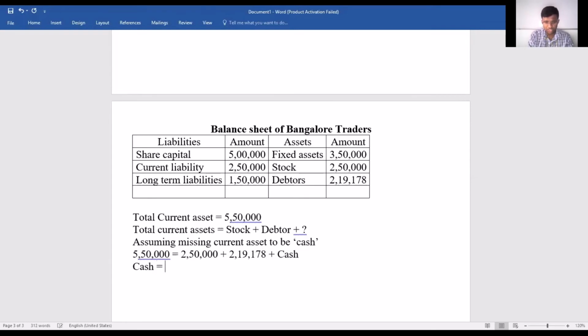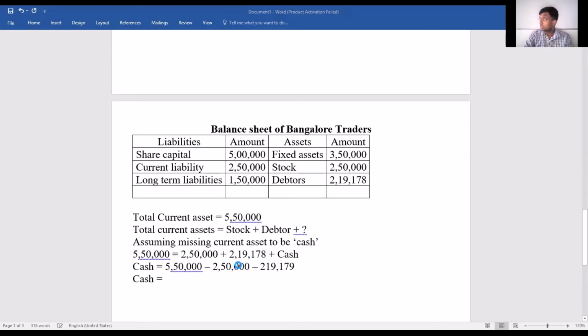So cash is equal to 5,50,000 minus 2,50,000 minus 2,19,178. When you do so, that is when you will get the value of cash.